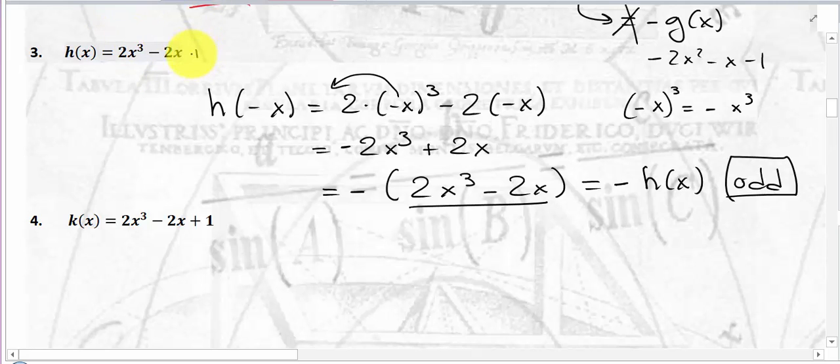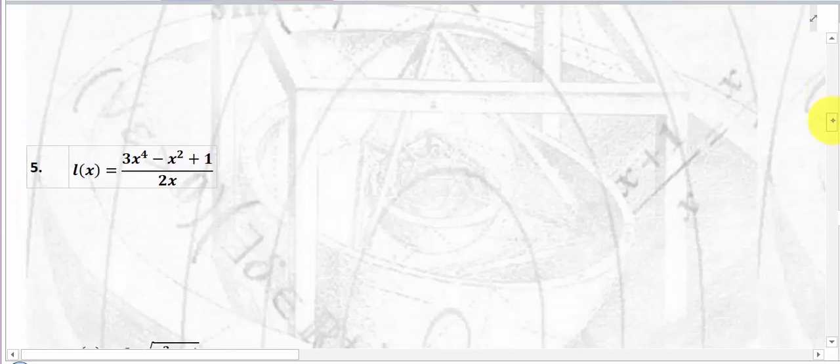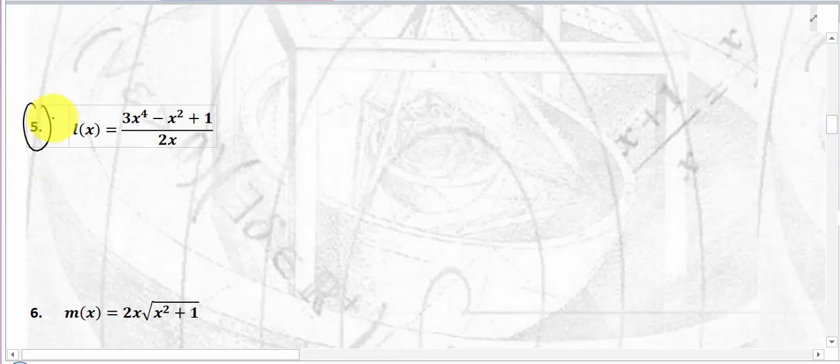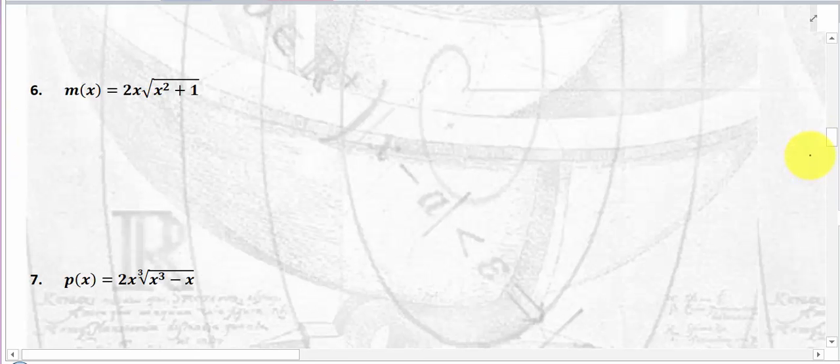Now, look, if I add a plus 1 right here, that's it. I'm blocking the oddness of the function. Oops. I just answered number 4. So please do number 4 and number 5, and I'm going to do number 6, and I'm going to let you do number 7. The function is m, so let's look at m of negative x.